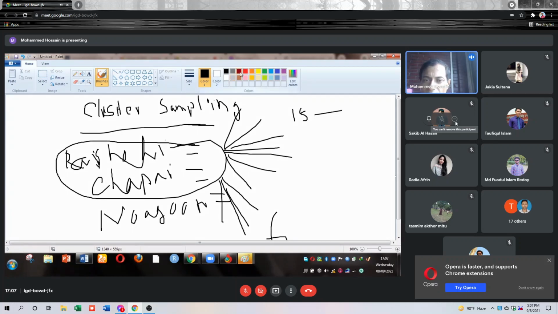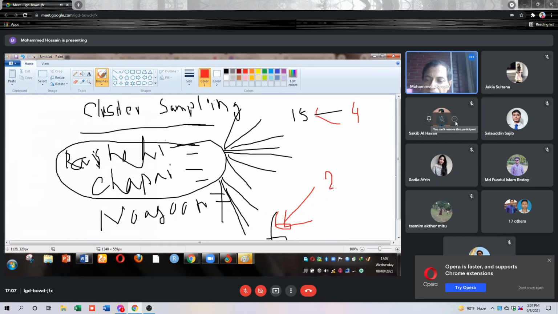Out of 15 upazila, suppose you are selecting 4 upazila randomly. Then in Chapai, there are 6 upazila. Instead of 6, suppose you are taking 2 upazila.